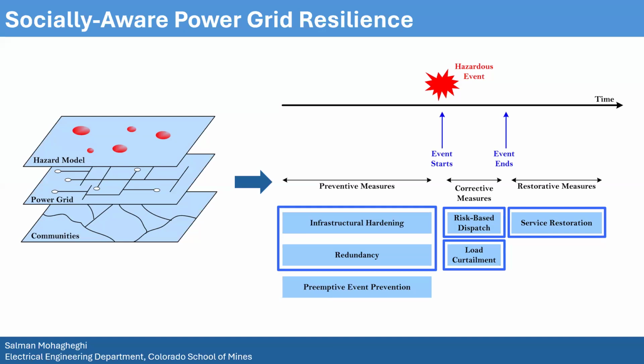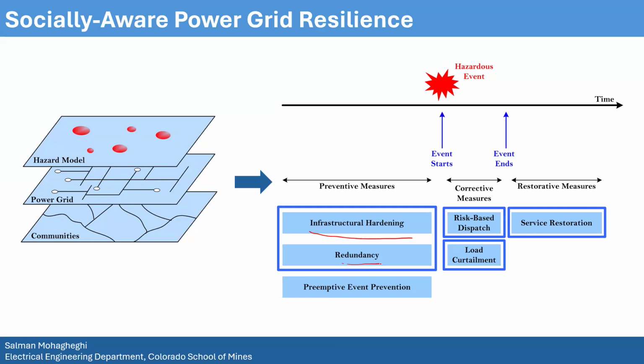Let's take a look at the set of measures that we have for power grid resilience. In terms of preventive measures, when you're looking into infrastructure hardening or introducing redundancy into the grid, you can then prioritize areas, circuits, feeders in the grid that are more vulnerable, and nominate them for being hardened or added additional resources.